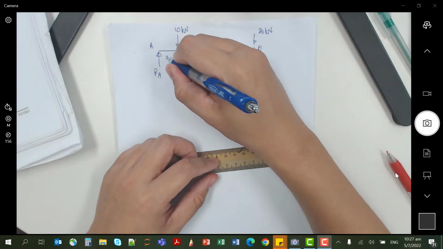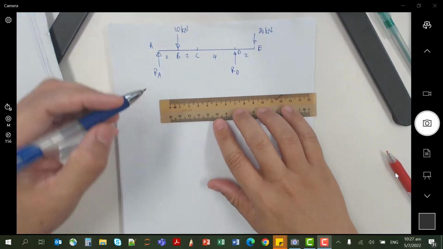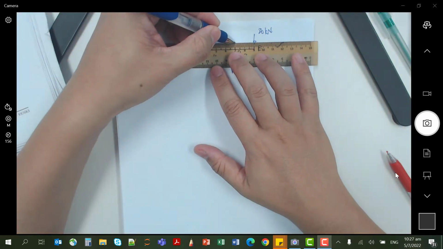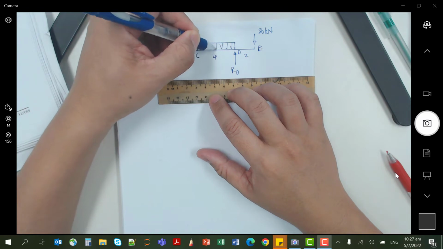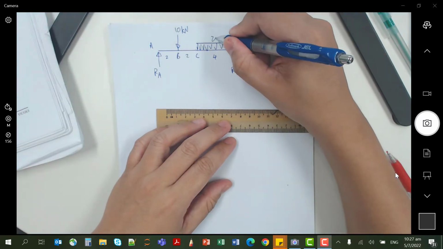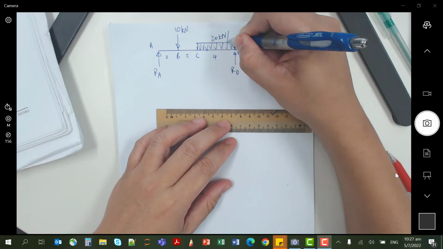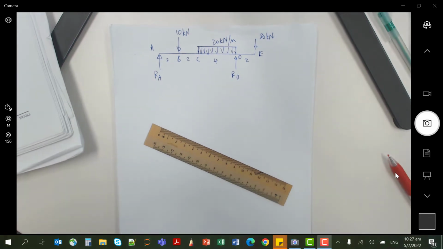So this is 2 meter, 2 meter, 4 meter, 2 meter. And your UDL. So this is your free body diagram, right?